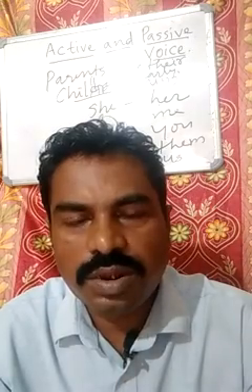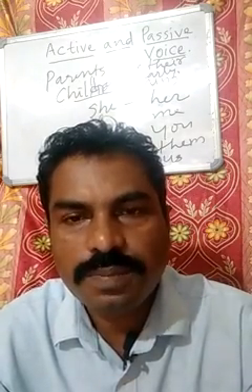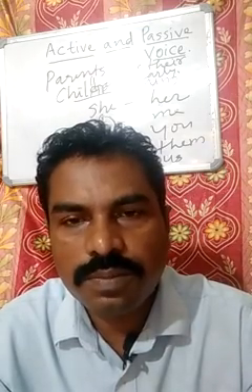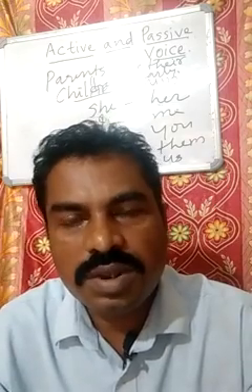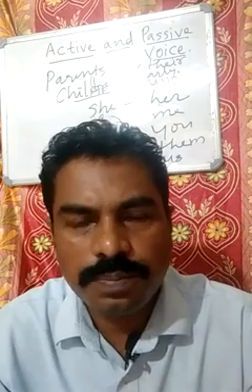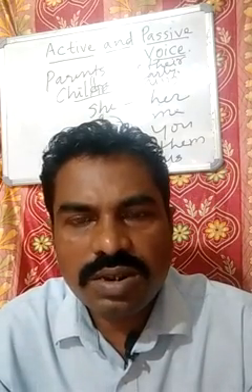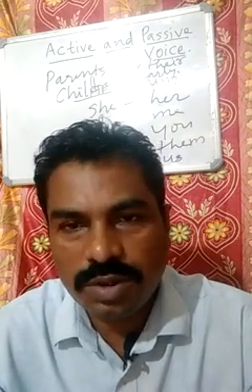"He reads a book." In that sentence, he is the subject, reads is the verb, and the object is a book. So when we change it, a book becomes the subject: "A book is read by him." That depends on the rule. Now I am going to discuss the rules according to the various tense forms.